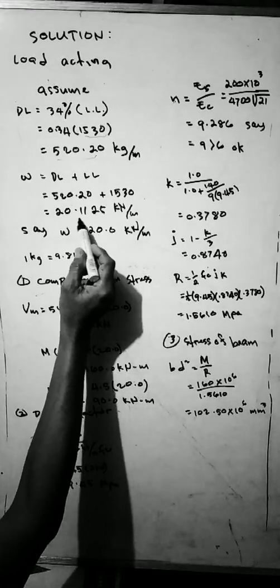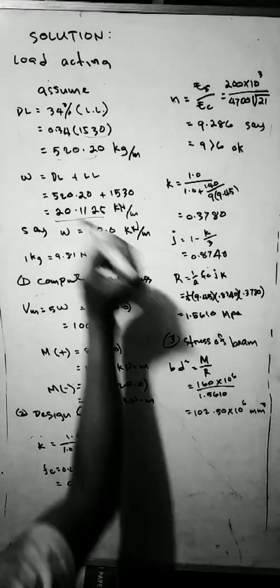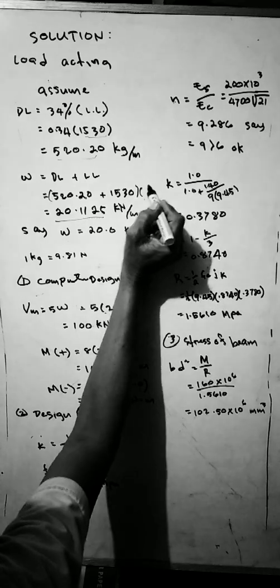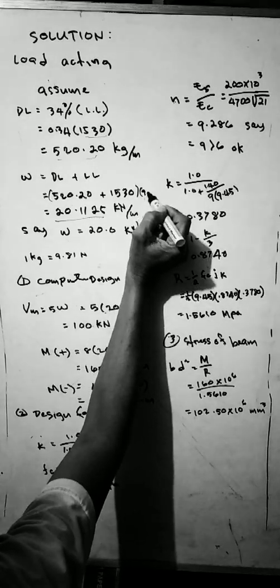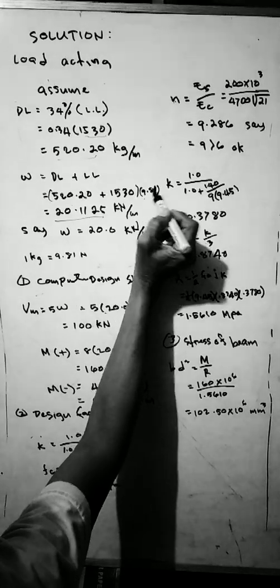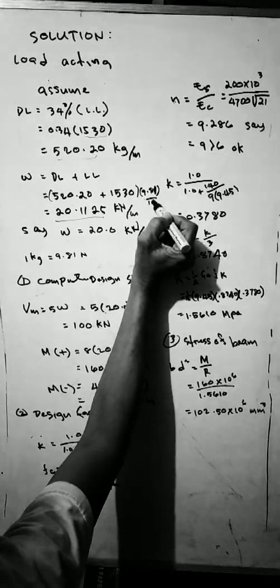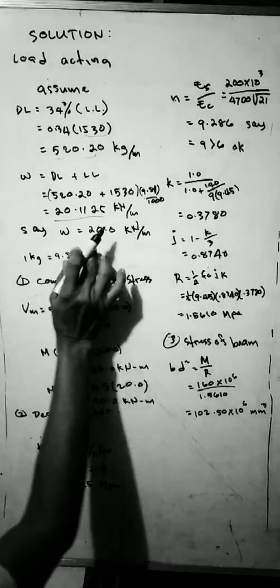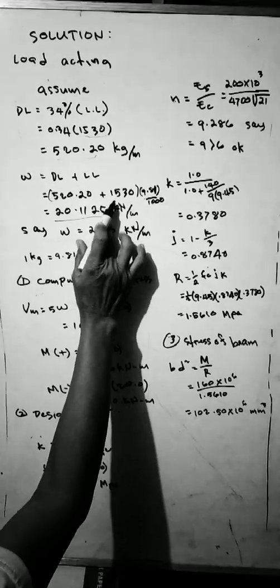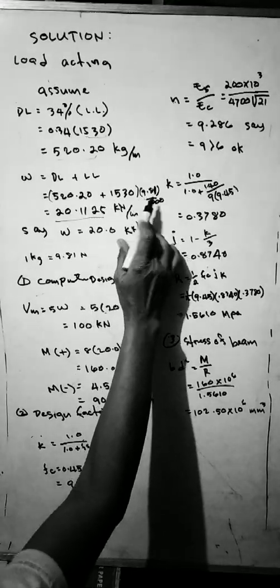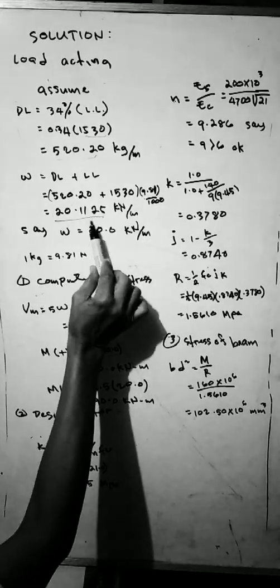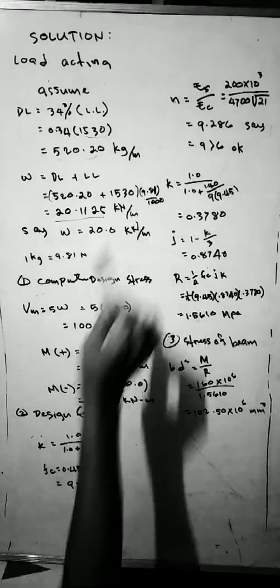So that's why we have this. Whatever the sum of this one, multiplied by 9.81, then divided by 1,000. So it will give us 20.1125 kilonewton per meter.